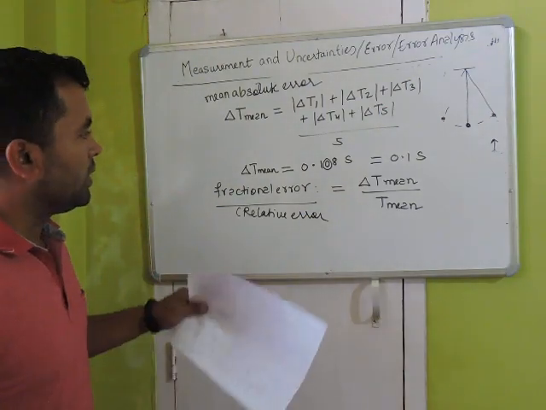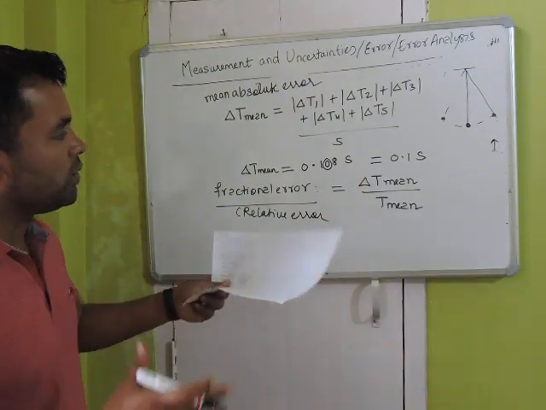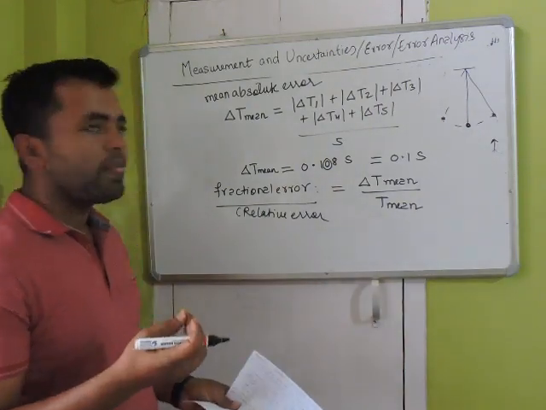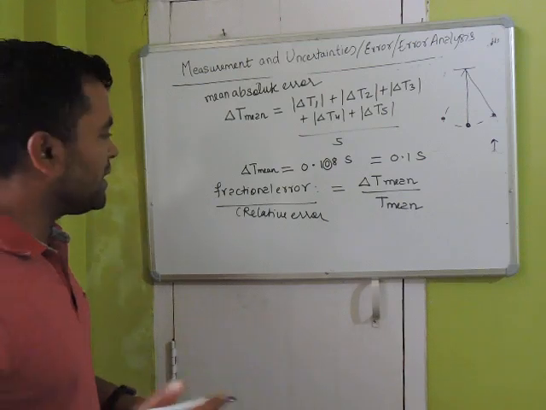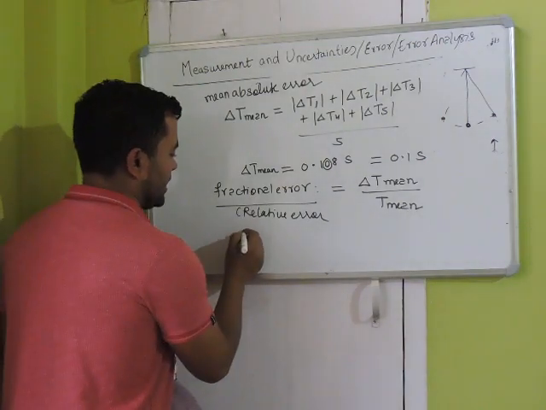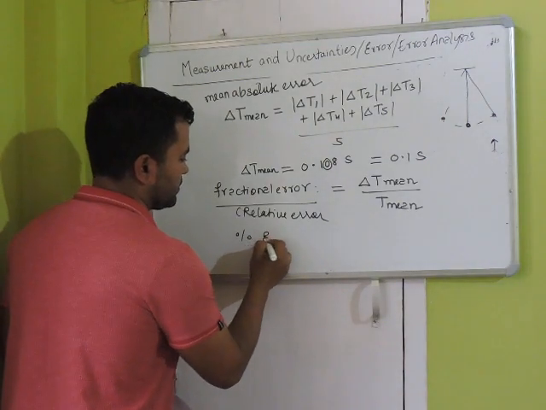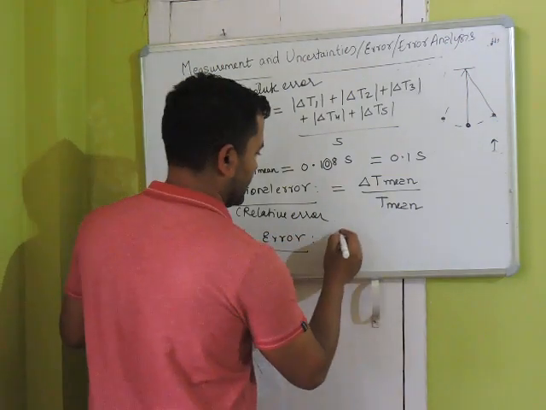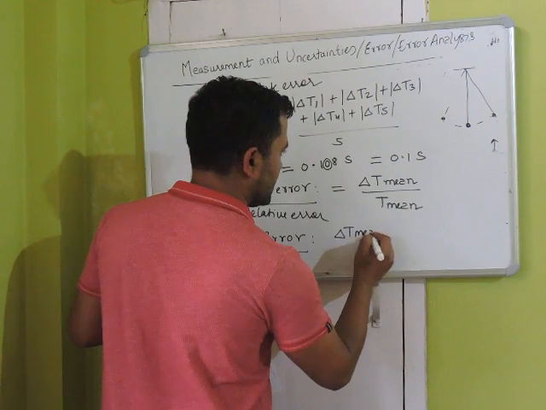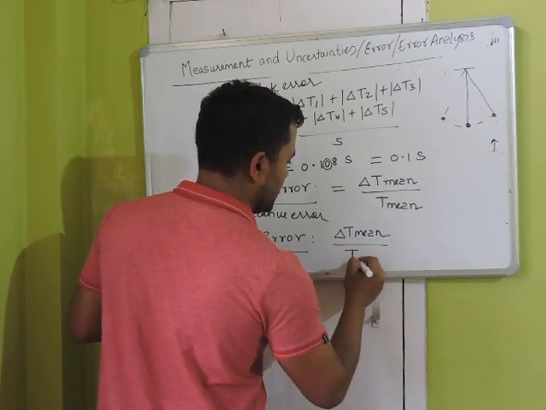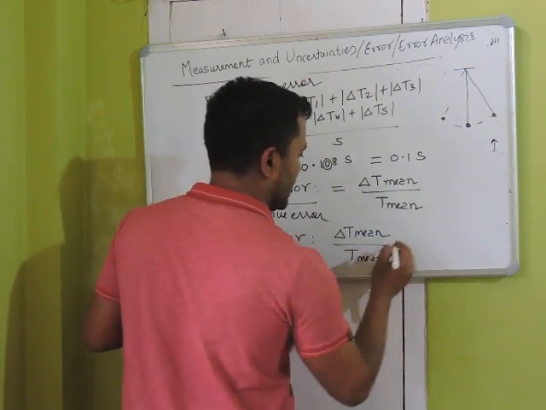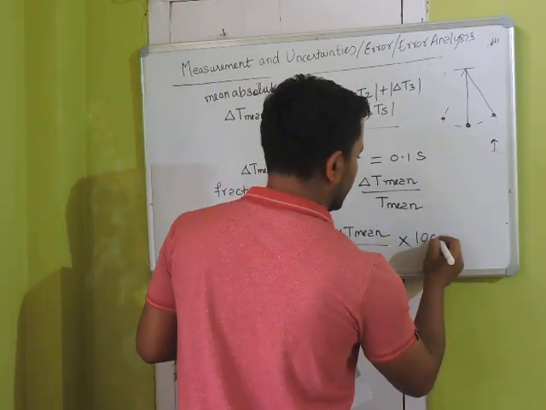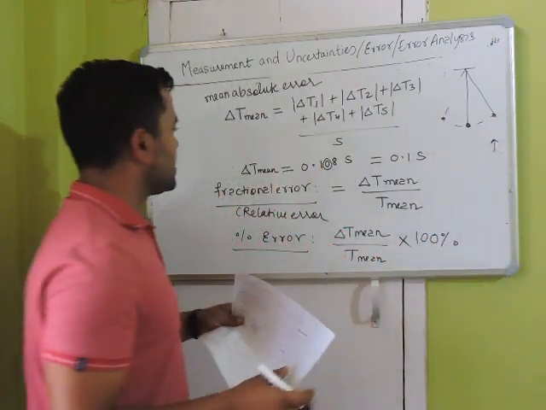The last concept asked in any error calculation is called percentage error. Percentage error is delta t mean by t mean, multiplied by 100%.